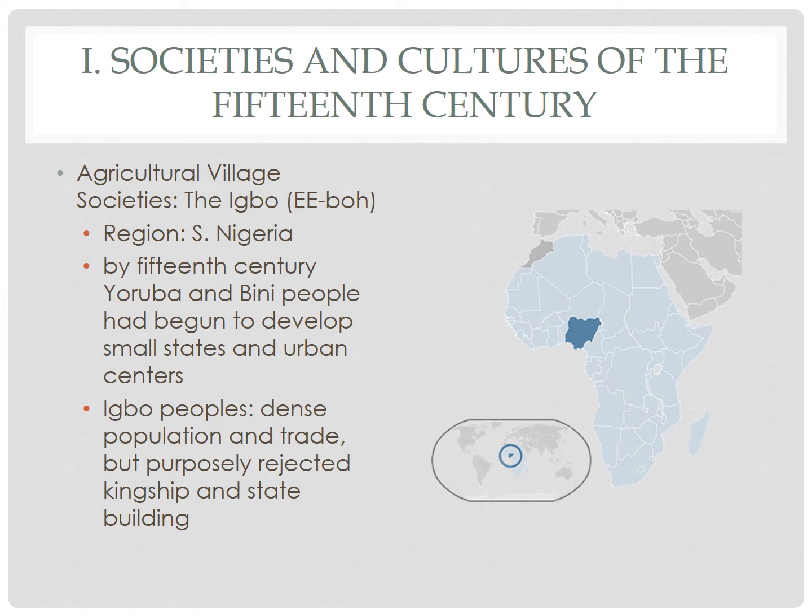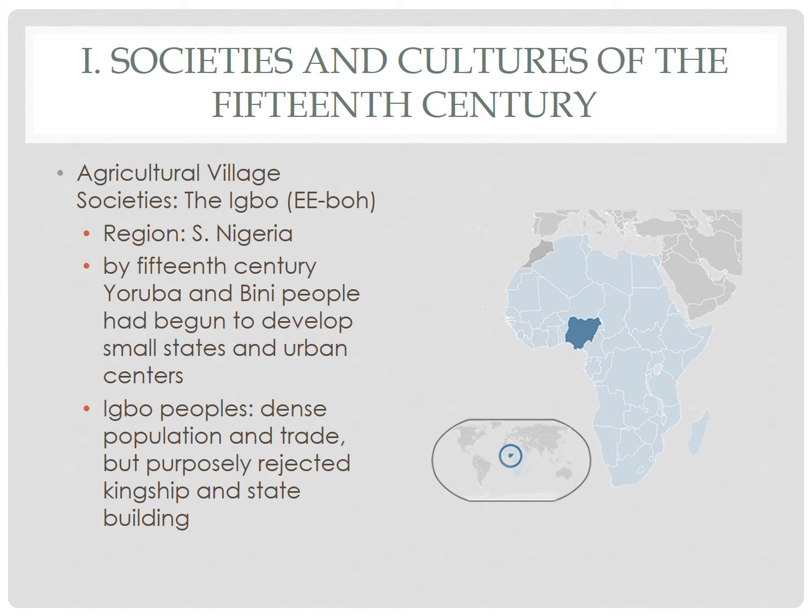So here we're going to switch gears and talk about Africa. So for example, the Igbo, who were an ethnic group living in what is today relatively southern Nigeria, the present-day country of Nigeria, which of course didn't exist at this time. And so by this time, different groups had started to develop small states and urban centers, and the Igbo people were densely populated.